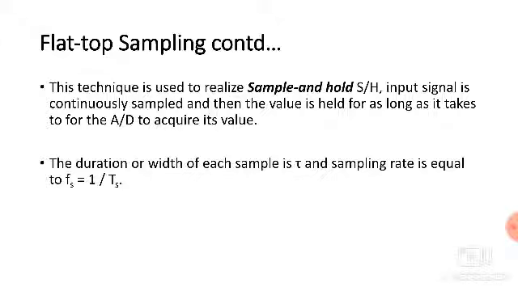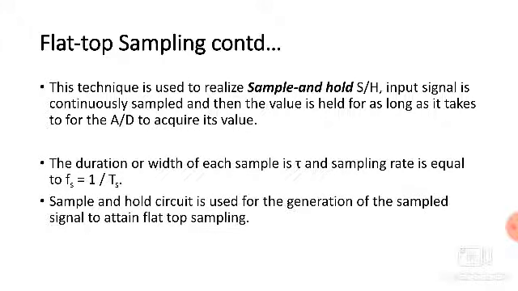The duration or width of each sample is represented by tau, and the rate is Fs, which is given by 1 by Ts. This sample and hold circuit is used to sample and hold, after which we get the flat top sampled signal.